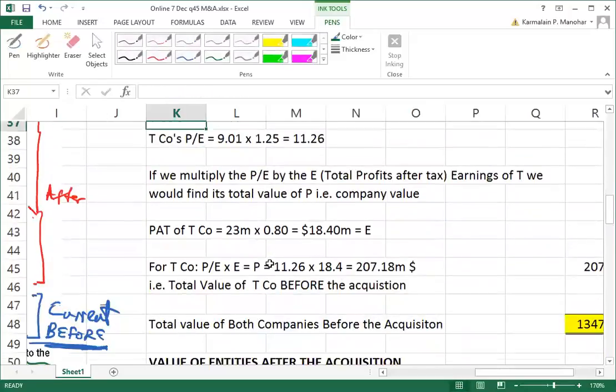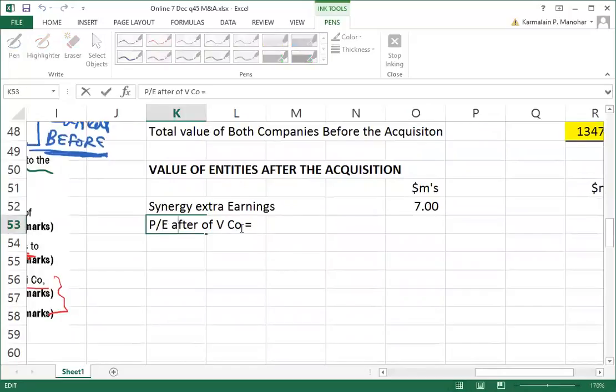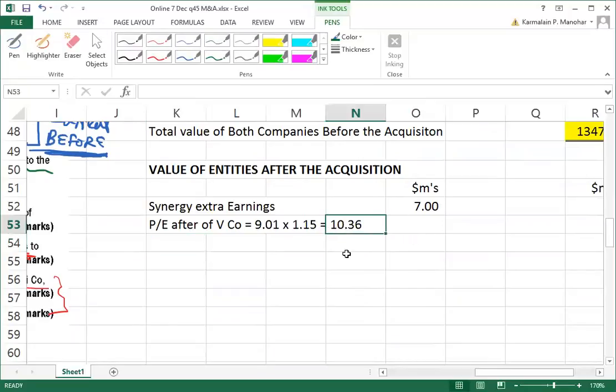Right, so 9.01 going up by 15% now. 9.01 times 1.15, and we have the PE being equal to, come on, what's the new PE? Right, 10.36. So when we get that, I know it's sort of messing up the working here. We're doing the earnings, but when we do get the total earnings, we'll come back and multiply by that.